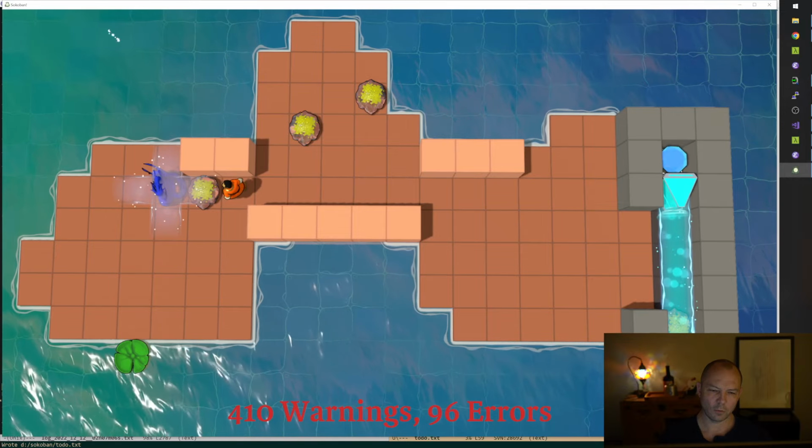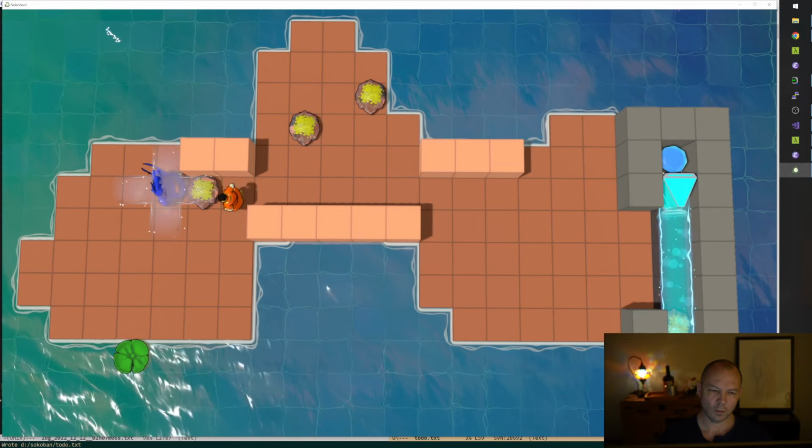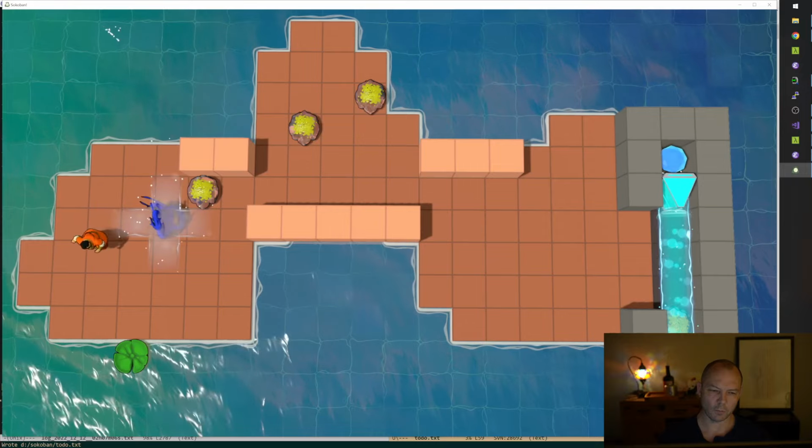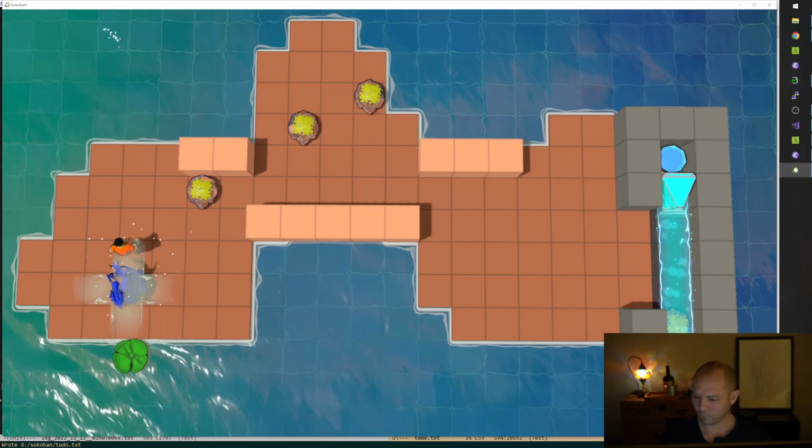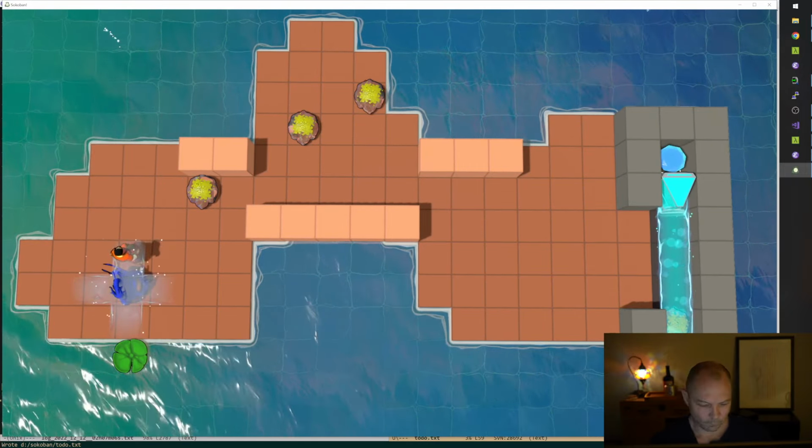Okay, I don't think I'm supposed to be able to do that. Writing that down. But imagine that we figure that out, because I think it's supposed to be a challenge to get the dragon over here.